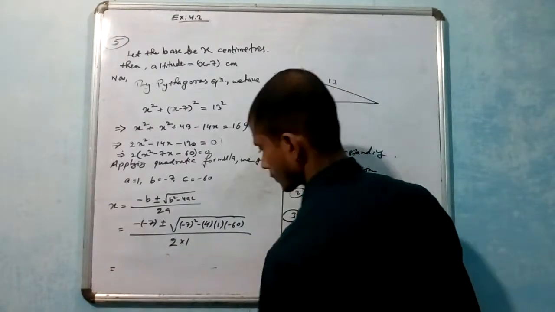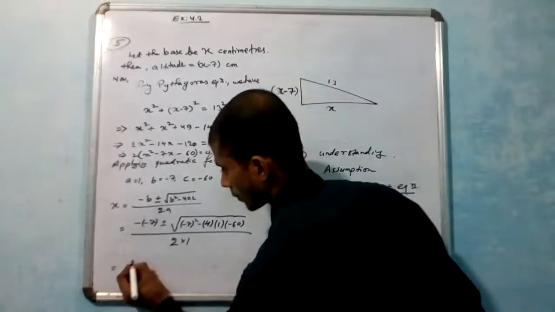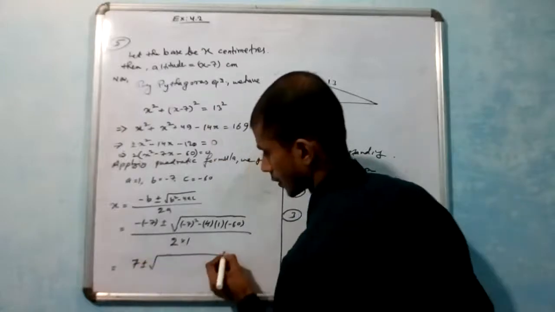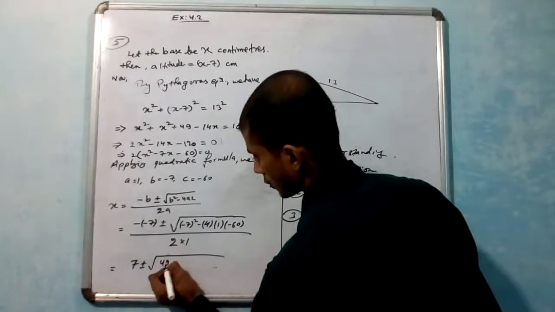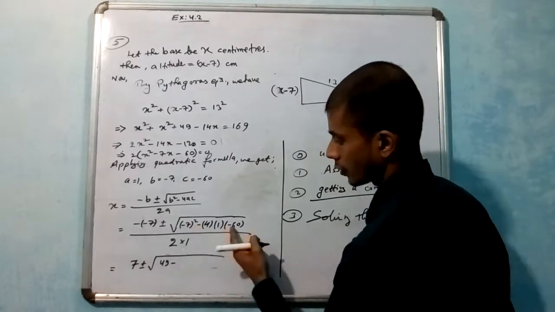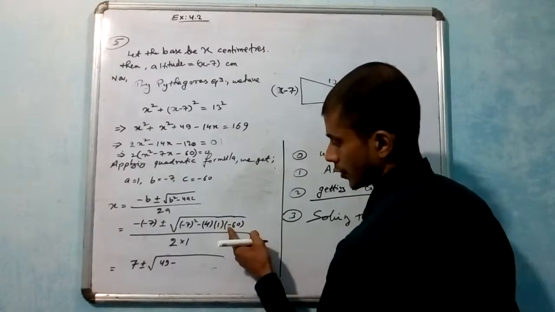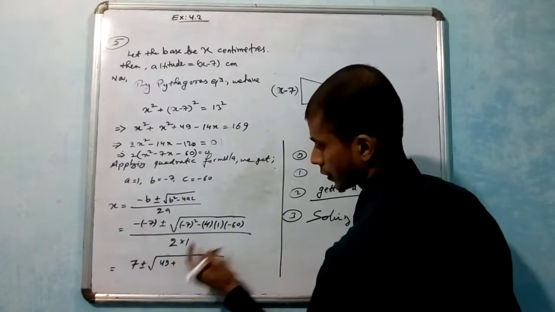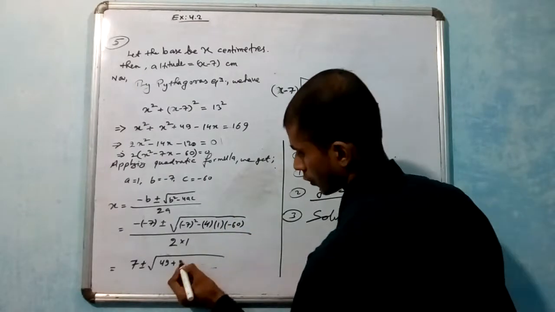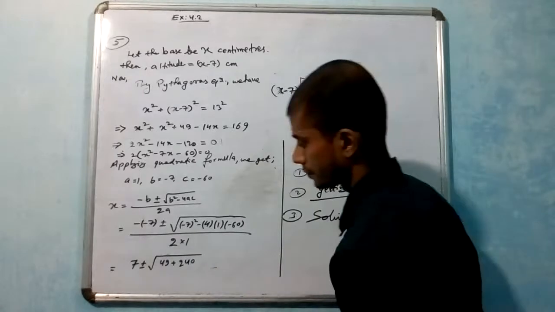Minus of minus 7 means plus 7, and then plus minus how much? 49, minus of, see, this minus and this minus will get multiplied and it will become plus when we open the bracket. So it will be plus 49 plus 4 times 60, that is 240, understood this, and then by 2.